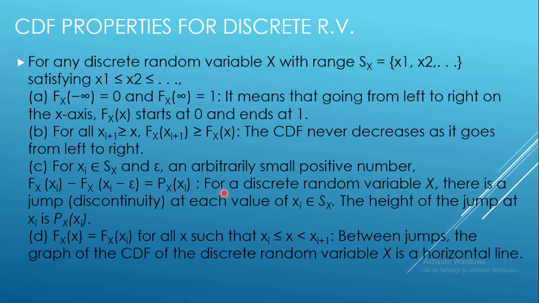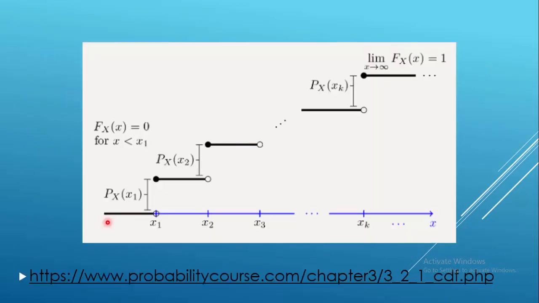And for a discrete random variable x, there is a jump at each value, and the height of the jump is the probability of x. So here you can see that this is x1, x2, x3, and for example the value at x1 is this, and the value at x2 is this. So there is a jump from this value to this value, and this jump is equal to the probability of x2.